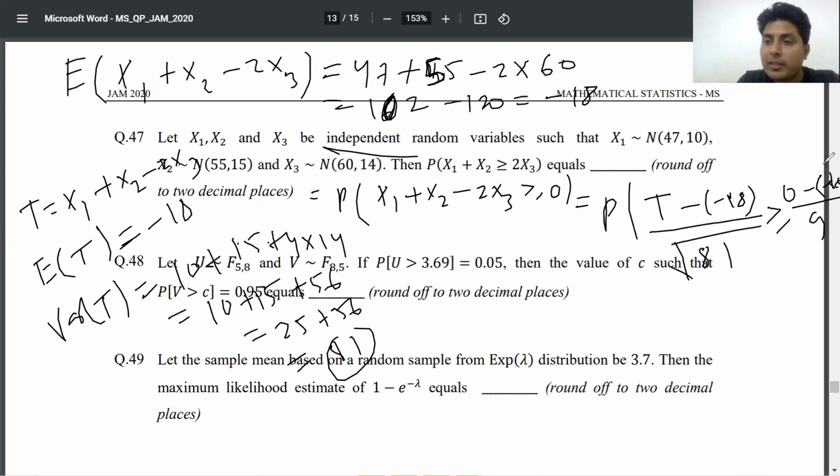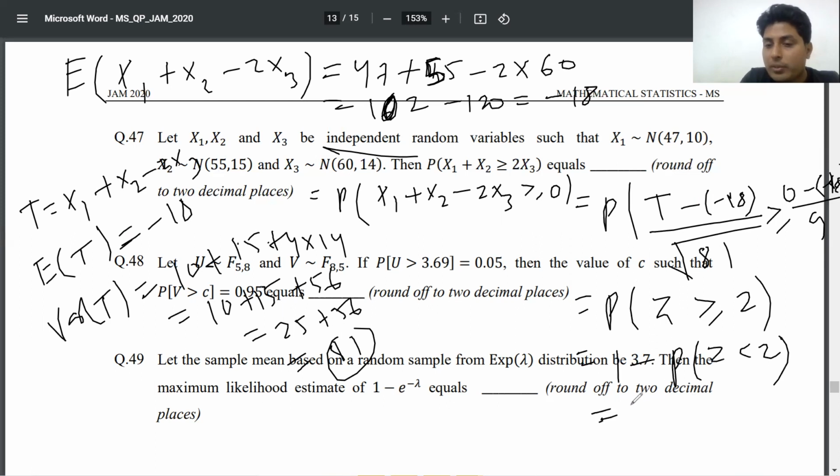So I will get standard normal Z, t minus mean of t upon standard deviation of t. Z is greater than or equal to 0 minus of minus 18 upon 9, so 18 upon 9 is 2. So we can write 1 minus probability Z is less than 2. Since it is a continuous random variable, so 1 minus phi of 2.